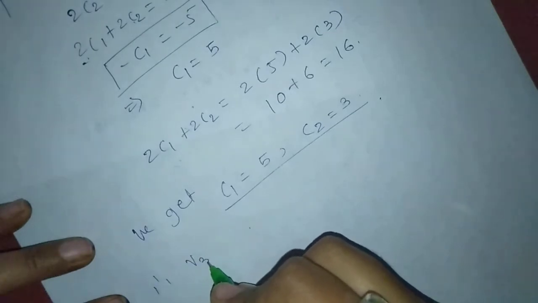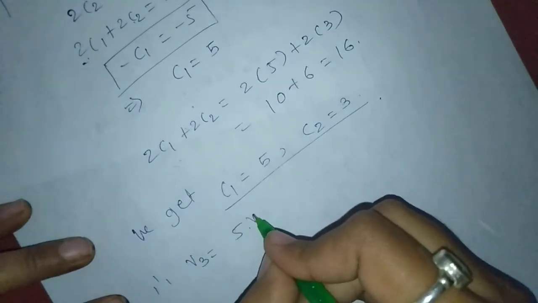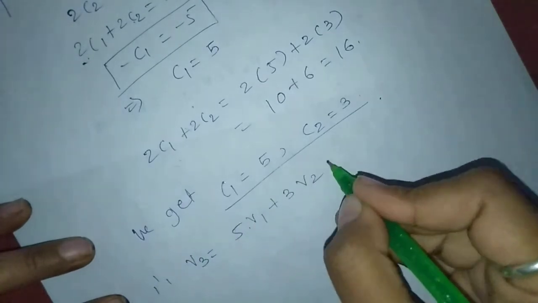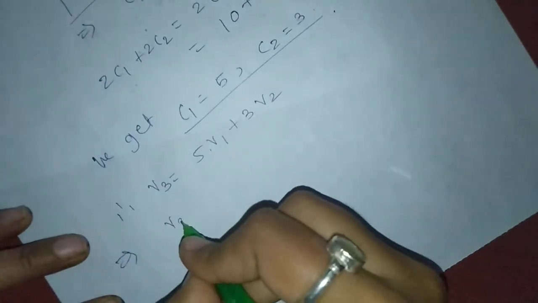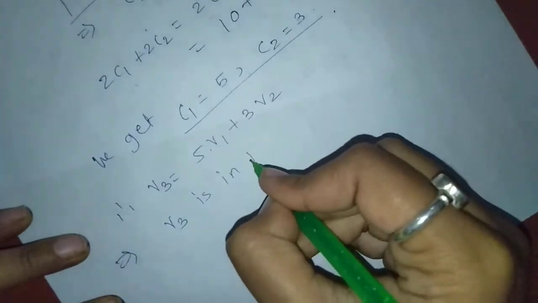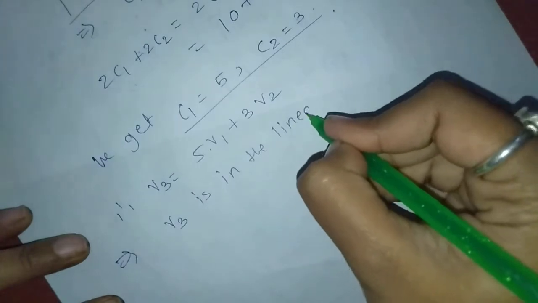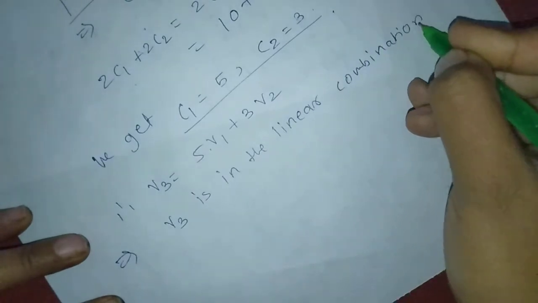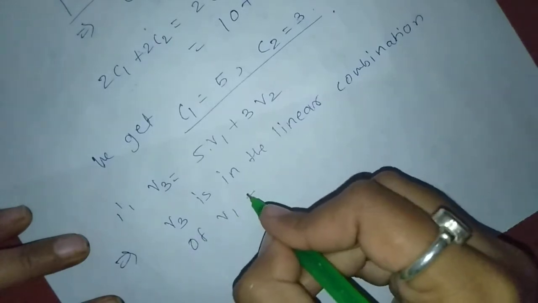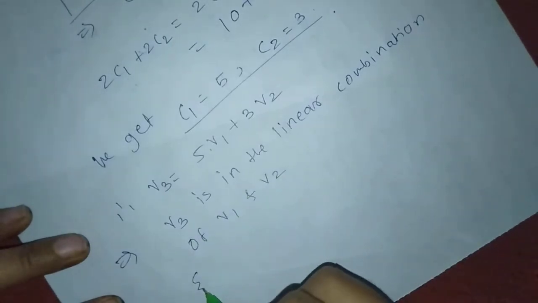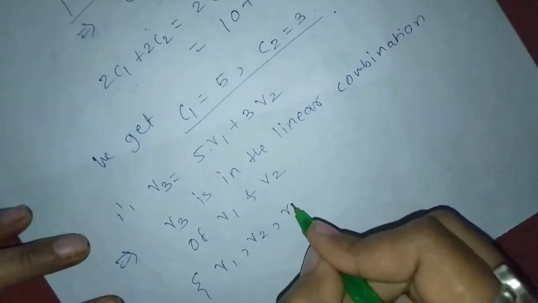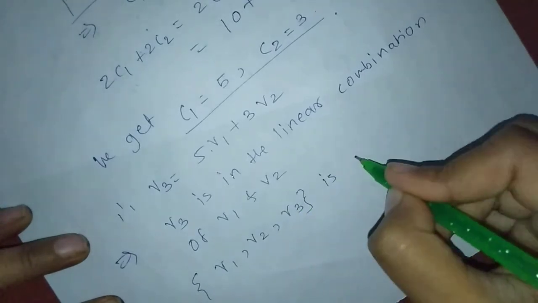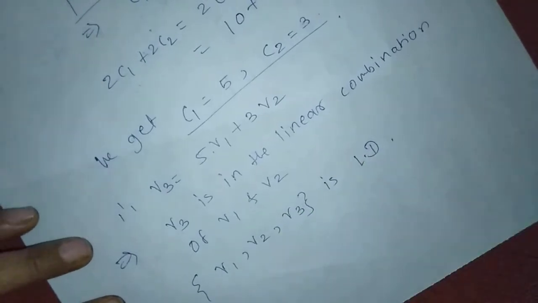Therefore, v3 equal to 5v1 plus 3v2, which implies v3 is a linear combination of v1 and v2. Therefore, the set v1, v2, v3 is linearly dependent.